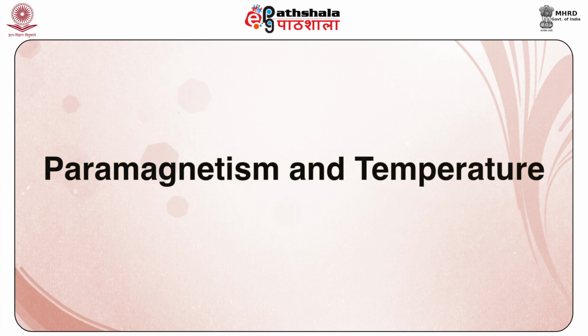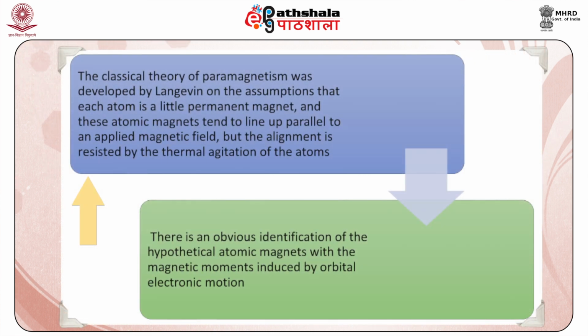Paramagnetism and temperature. The classical theory of paramagnetism was developed by Langevin on the assumptions that each atom is a little permanent magnet, and these atomic magnets tend to line up parallel to an applied magnetic field, but the alignment is resisted by the thermal agitation of the atoms.